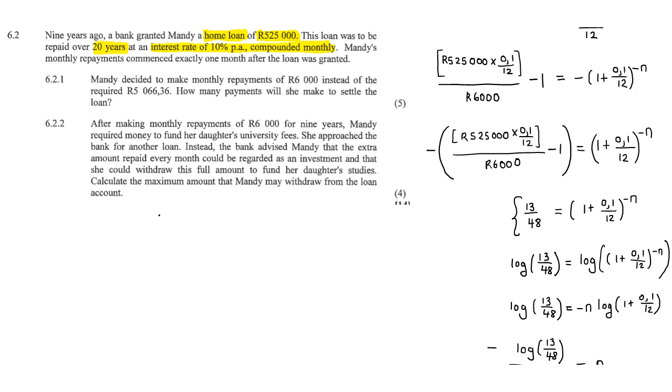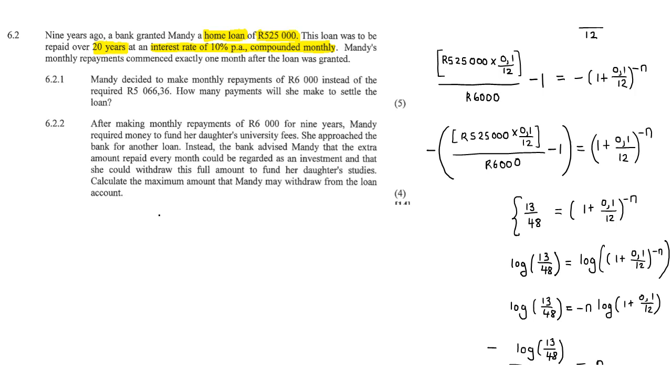But instead, the bank advised Mandy that the extra amount of repayments that she's been making each month can now be regarded as an investment by itself, and that she could withdraw that money and use it to fund her daughter's studies. So now we are asked to calculate the maximum amount that Mandy will be able to withdraw from the loan account.